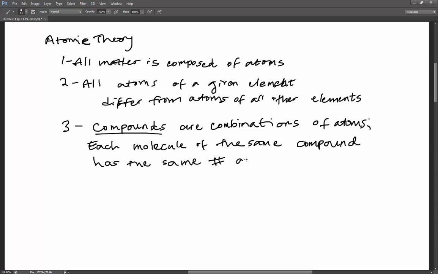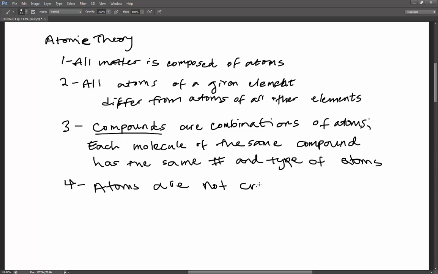And this is the same thing as what we talked about before, where we said pure substances have a constant composition. So this is another way of saying compounds have a constant composition in terms of the atoms that they're made out of. So number four, atoms are not created or destroyed by chemical reactions.